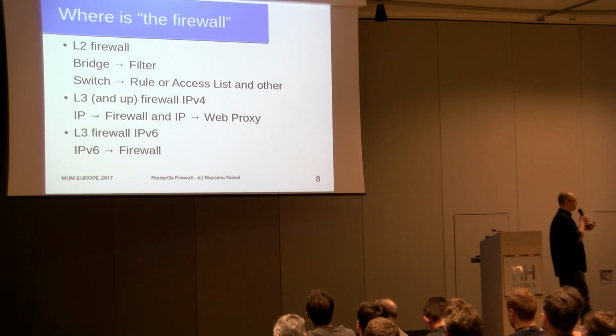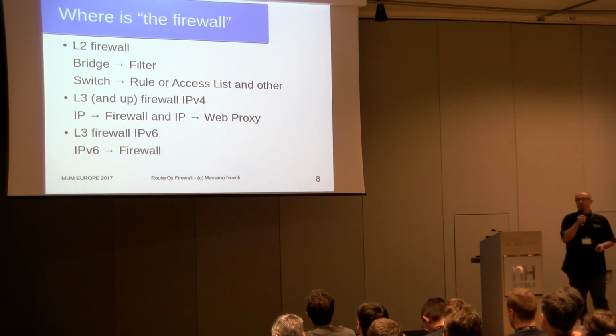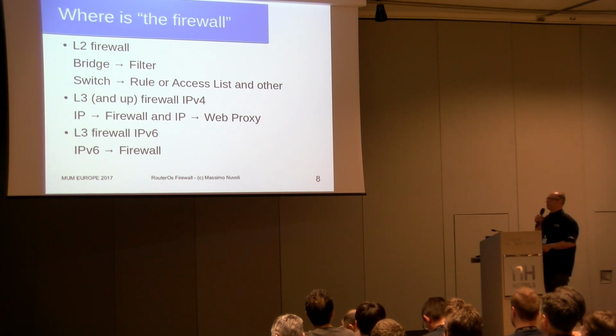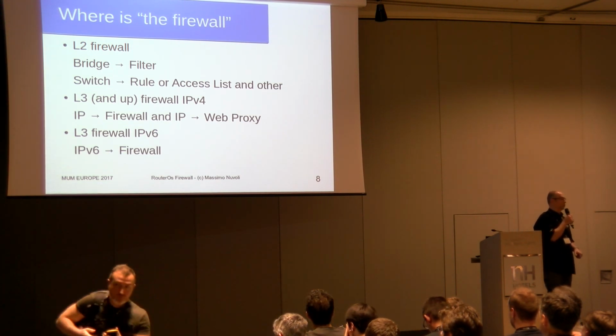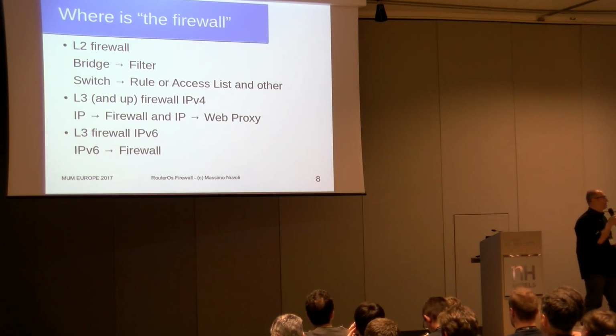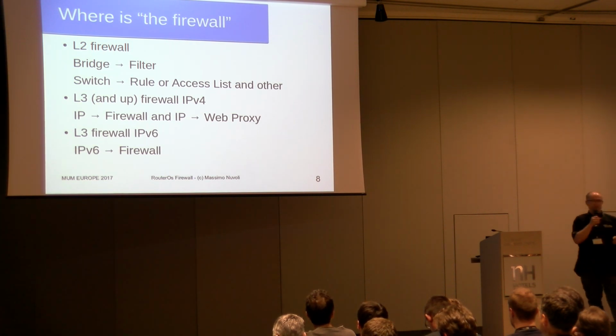So if you kill the packet early, this is the best choice. L2 firewall can be achieved by bridge or switch. Switch also by hardware, so you can do ACL on the switch and kill certain kinds of traffic. Obviously, level 2 traffic, so MAC addresses.